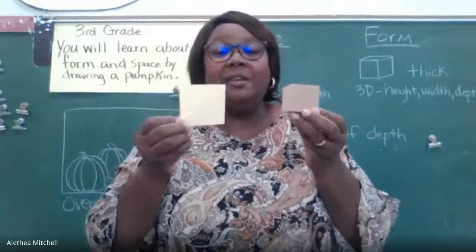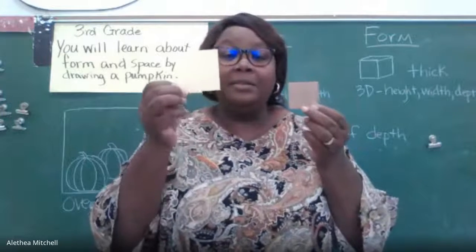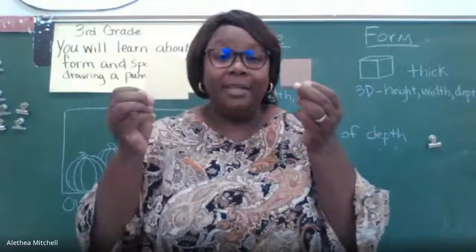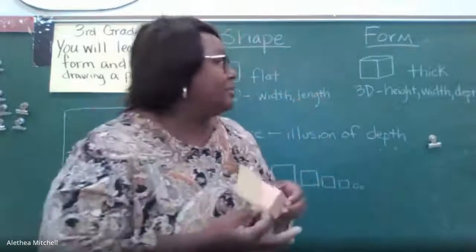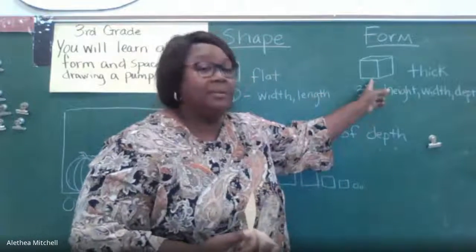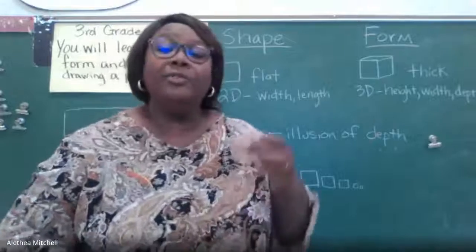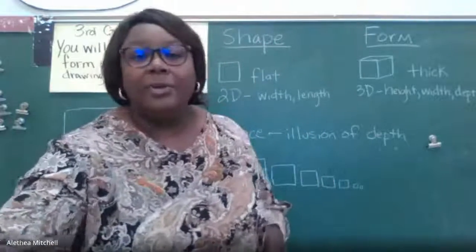I'm holding a sticky note and it's square shaped. And this is the two-dimensional version of the three-dimensional cube because it starts with a square. But you can extend it, just like I drew up here, to give it some thickness when you're drawing. For this drawing, you're not necessarily focusing on a cube, but yet you're looking at drawing a pumpkin.